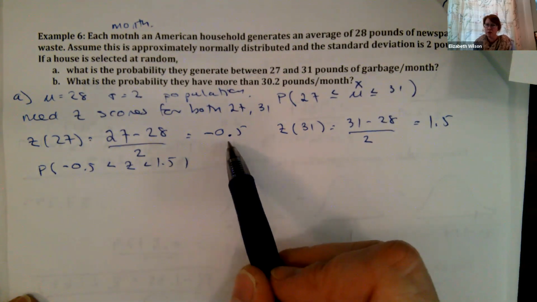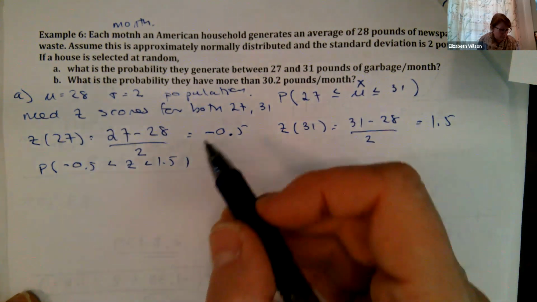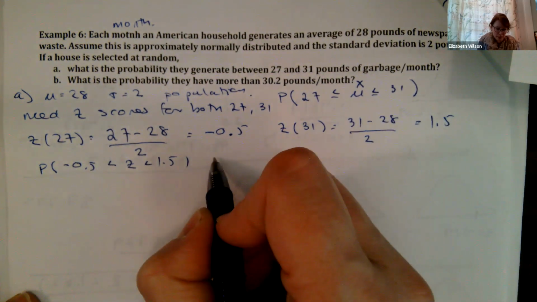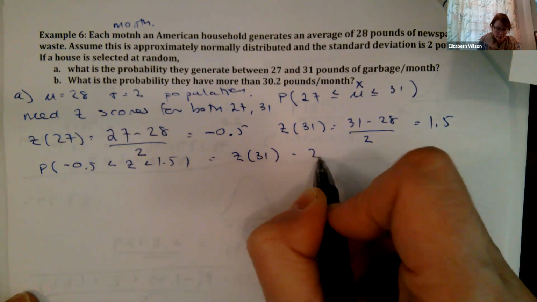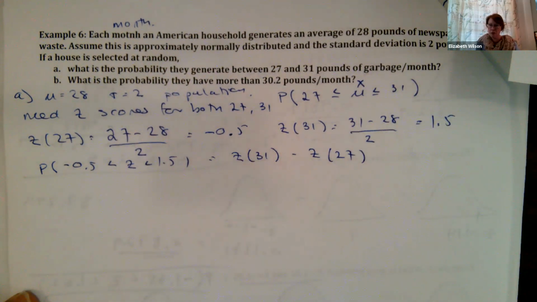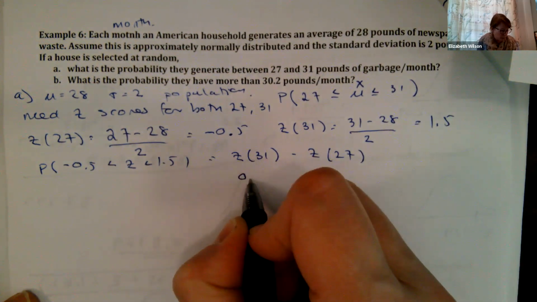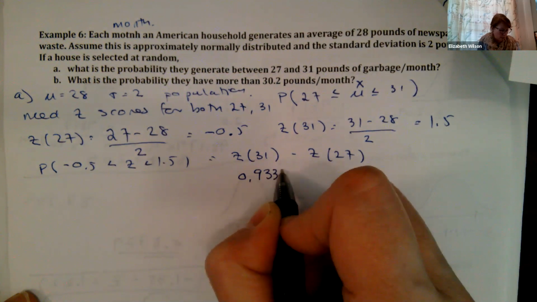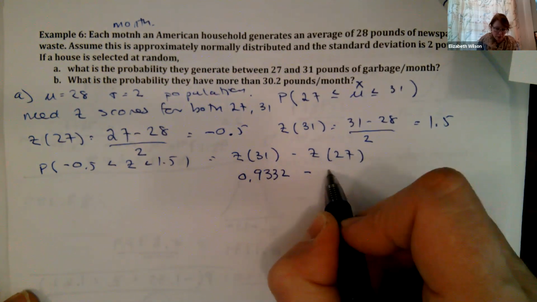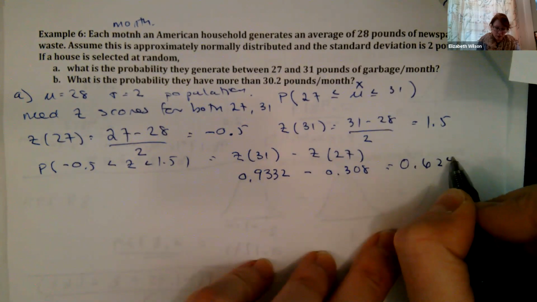Each of these has an associated probability with it, right? So what I'm going to do is say this is z of 31 minus z of 27, right? So I look up the probabilities associated with each of these z values, and I find this is 0.9332 minus 0.3085, and I get 0.6247.